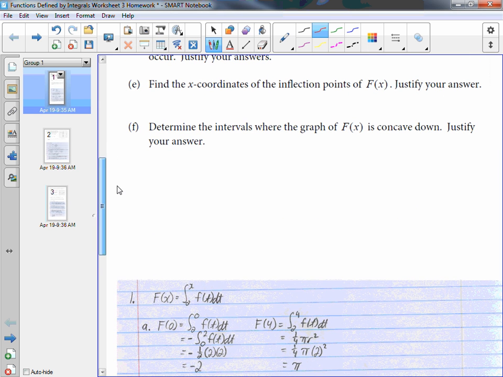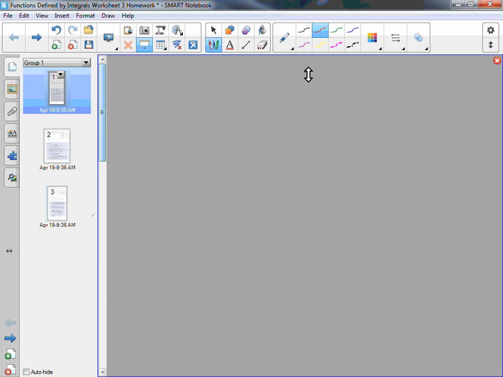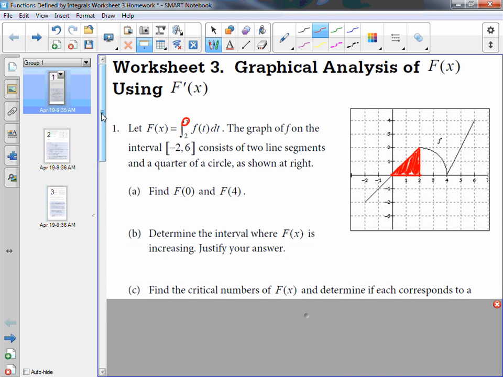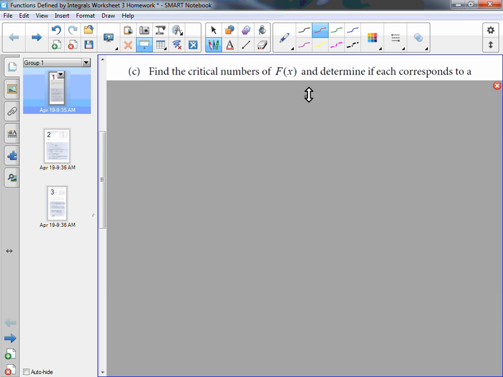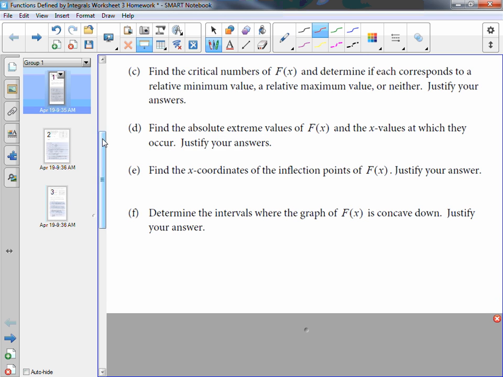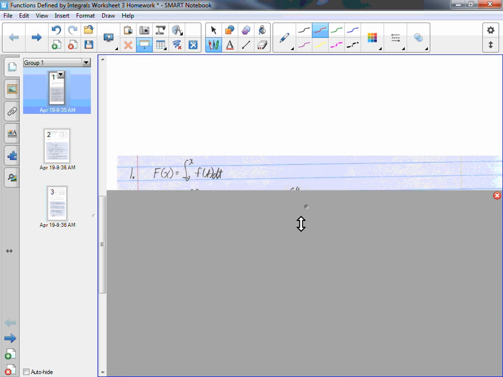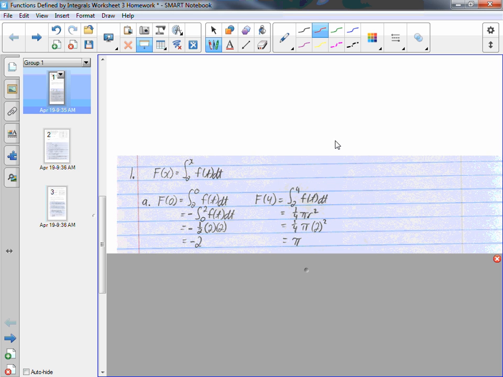So, here's my work down here. Let me put a screen up here. So, capital F of 0 equals the integral from 2 to 0 of f of t dt. But we don't like the lower limit of integration being to the right of the upper limit. That seems weird. So we make that negative, and then the integral from 0 to 2 of f of t dt.